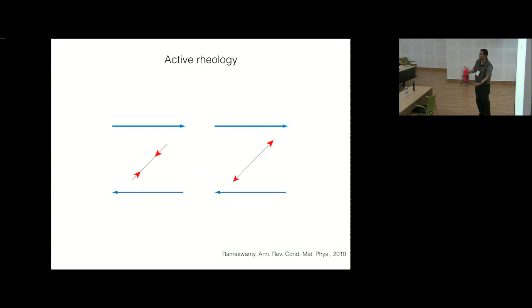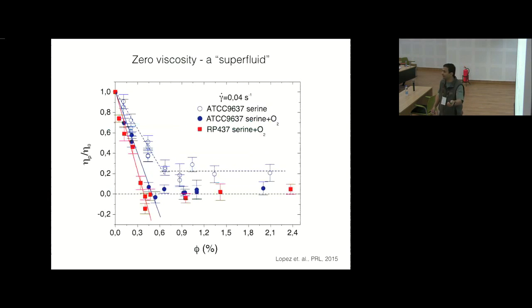So if we were here, sitting in this fluid, it's not that somehow we would feel no viscosity at all, right? That's what it means. No, so I'm pulling this fluid.